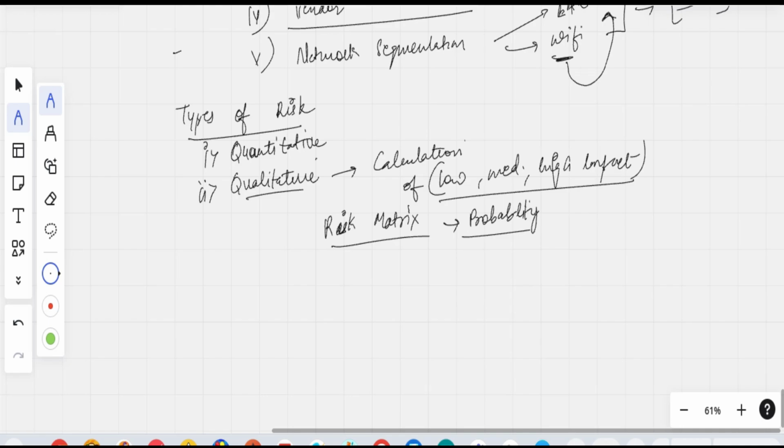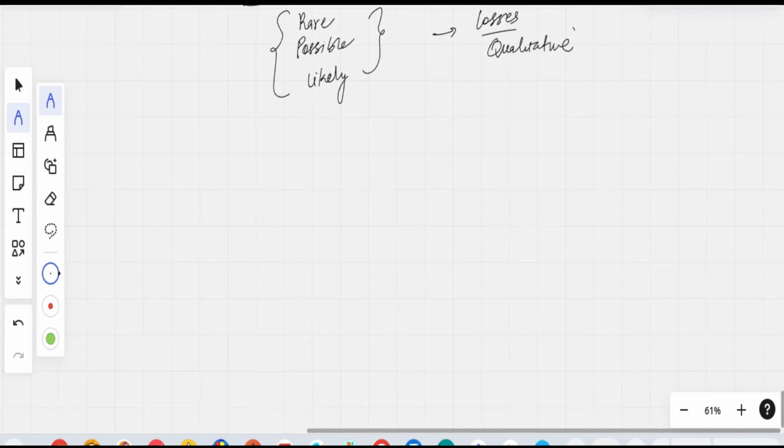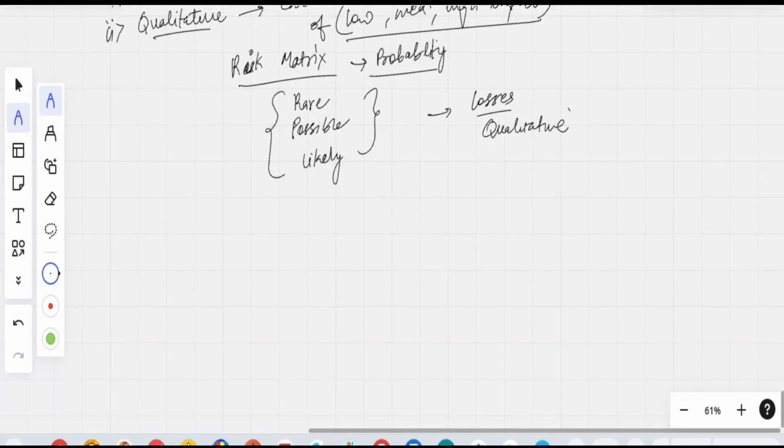Then in the risk matrix, it may rarely happen, it is possible, or it is likely to occur. This is all about the probability of how many times this particular vulnerability will occur, and what could be the losses on a qualitative basis. There is also one more point to discuss here, which is impact.